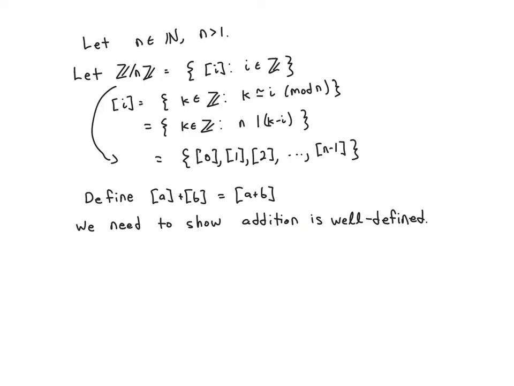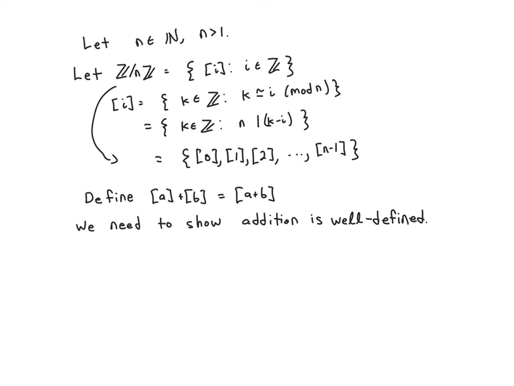What I mean by that is that this formula, as I've written it, actually depends on a and b. But the equivalence class of a includes a lot more things in it than just a, and the equivalence class of b includes a lot more things in it than just b.